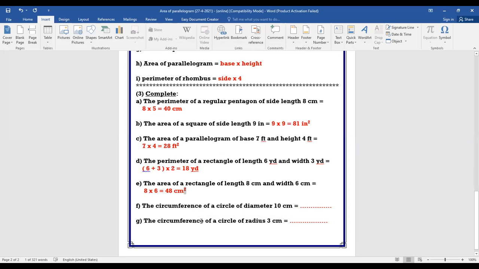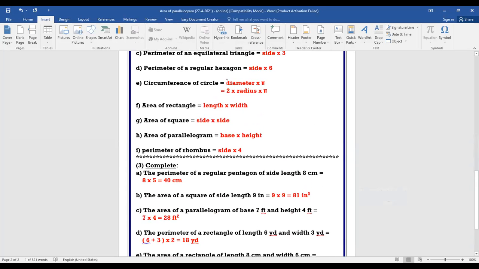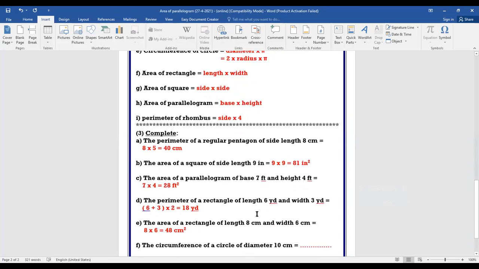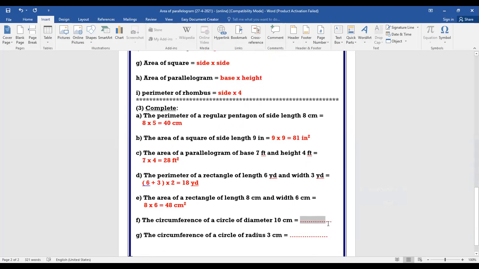Okay, circumference of a circle of diameter 10. We have the diameter here, so we use this formula: diameter multiplied by pi. Our diameter is 10, so 10 multiplied by the value of pi, 3.14.